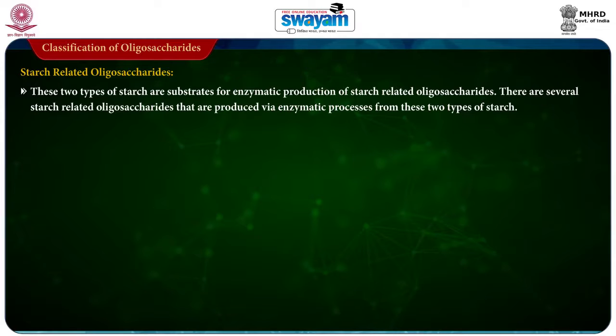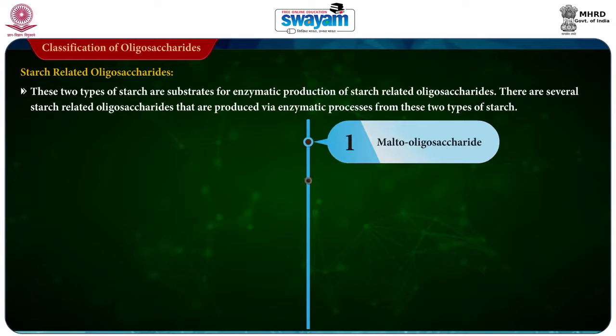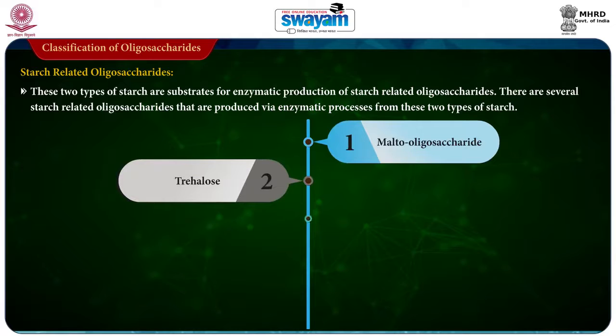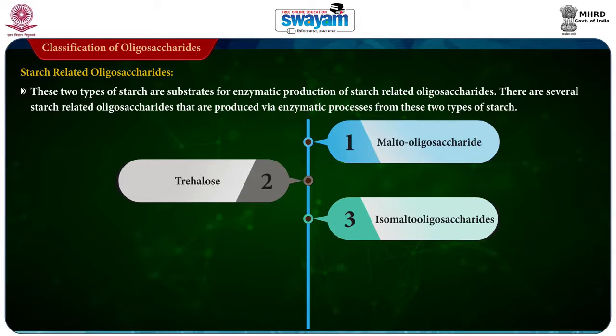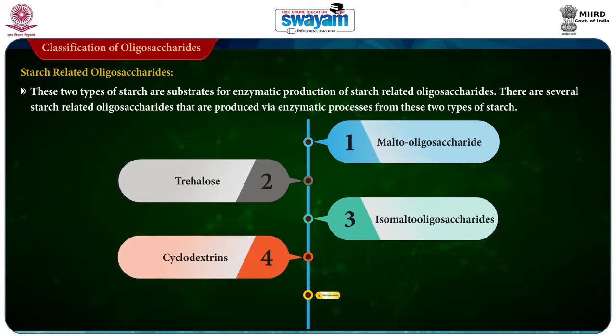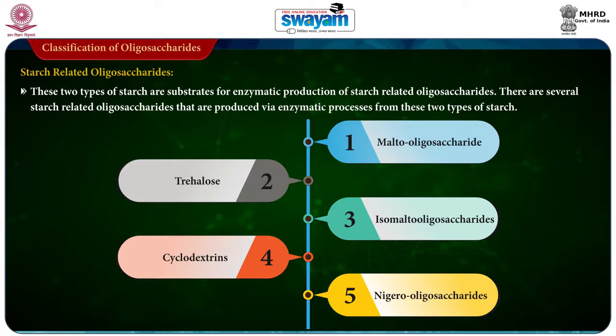There are several starch-related oligosaccharides that are produced via enzymatic process from these two types of starches. They are malto-oligosaccharides, trehalose oligosaccharides, isomalto-oligosaccharides, cyclodextrin, and nigero-oligosaccharides.